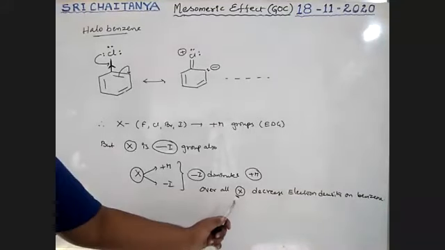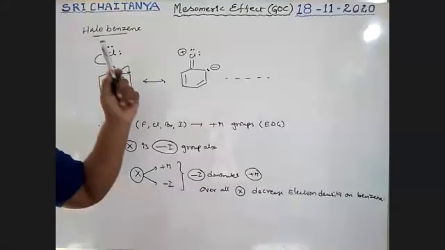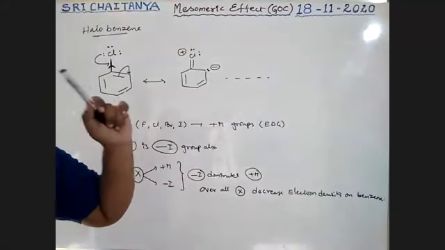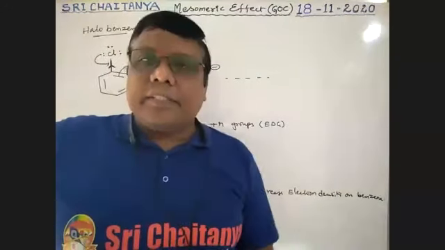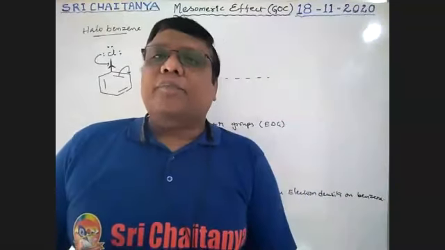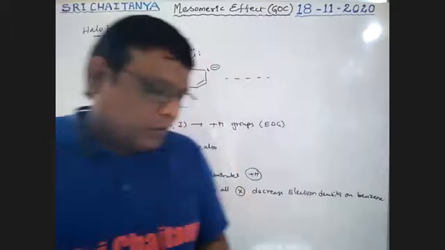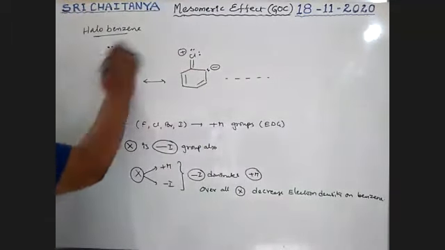So overall, halogen decreases electron density on benzene. No doubt halogen is an electron donating group, but it decreases electron density because minus I dominates plus M. Now, order of strength of plus M or plus R groups.